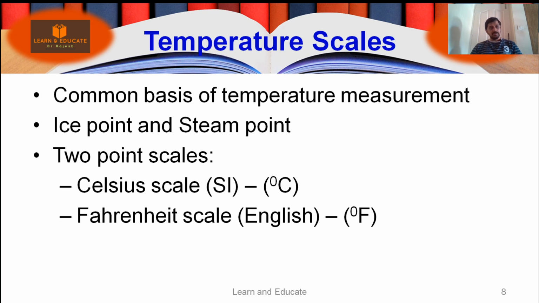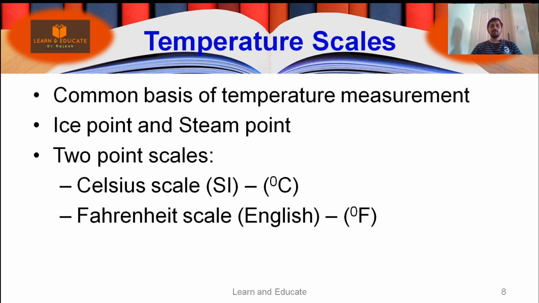In the Celsius scale it is 0 degrees Celsius, and the steam point is the temperature at which the conversion of liquid phase to vapor phase or vice versa takes place. In the Celsius scale it is 100 degrees Celsius.